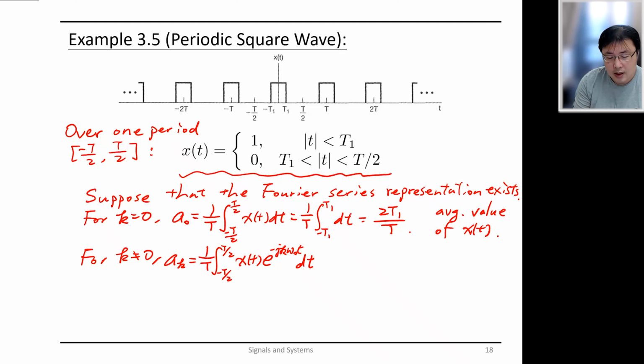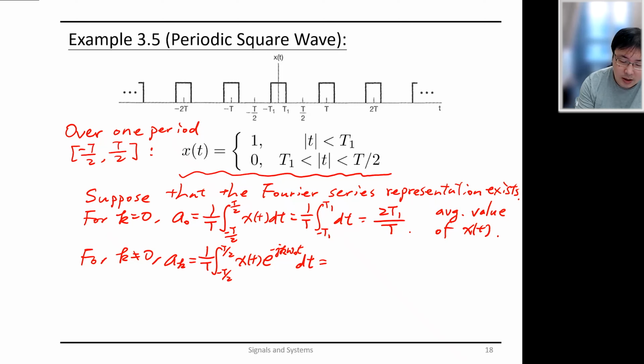Now this x of t, again, is just 1 between minus T1 to T1. So you can replace x of t with 1 and limit the integral from minus T1 to T1. So you're just integrating this complex exponential over this region.